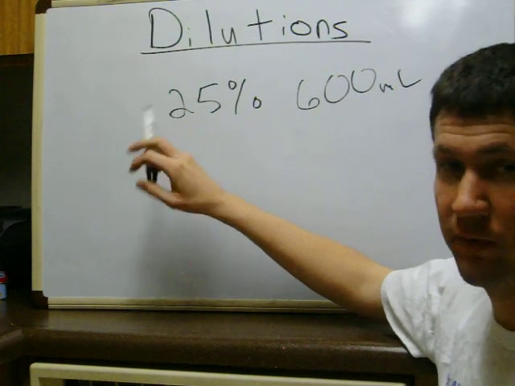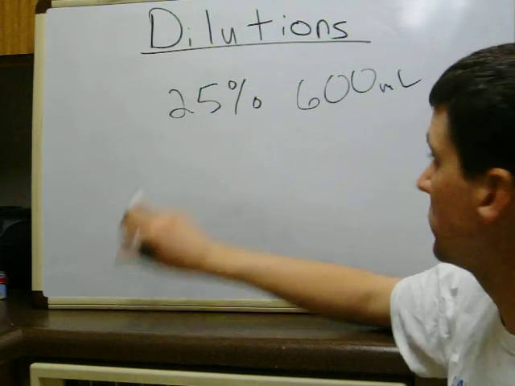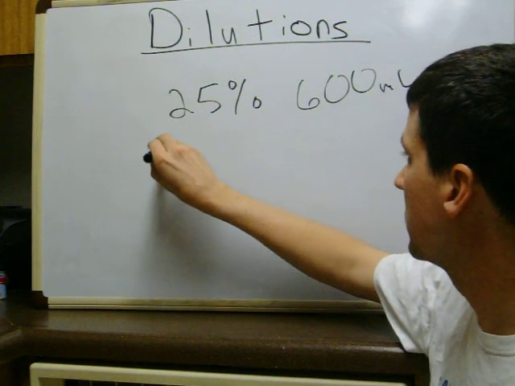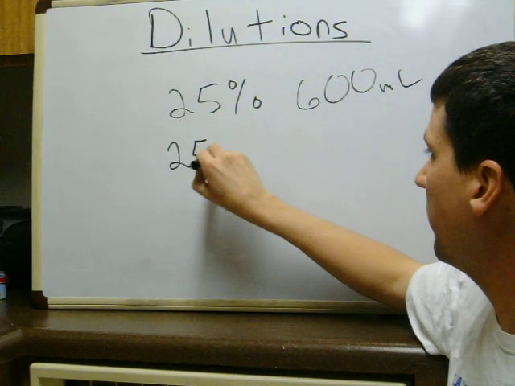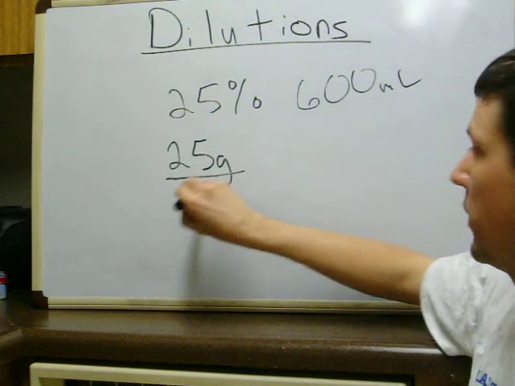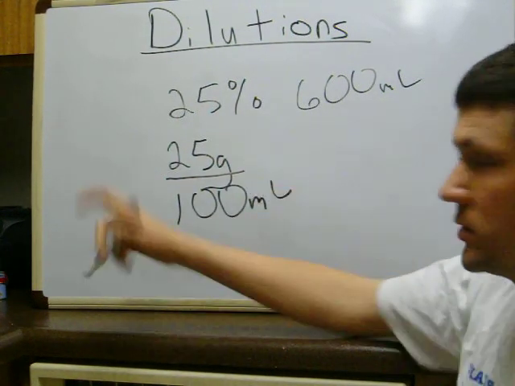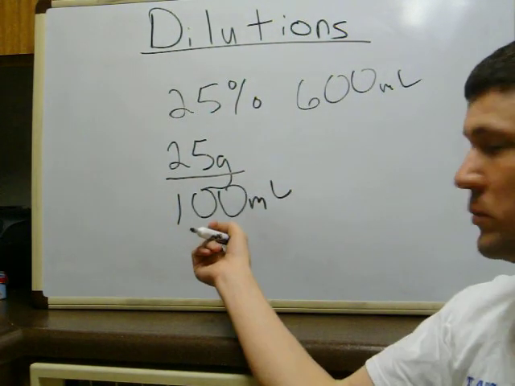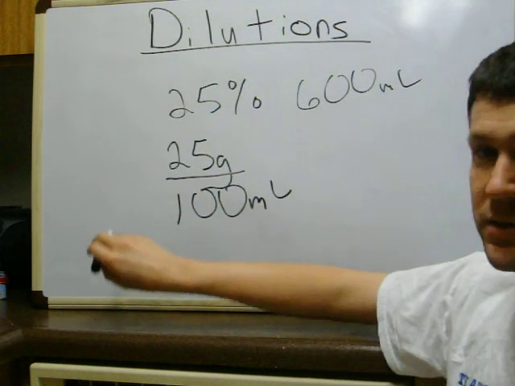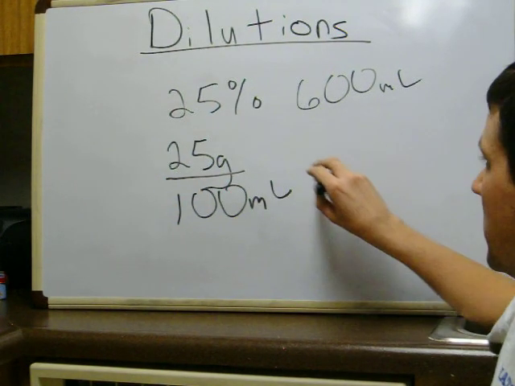So first of all, we need to find out how much stuff we have. So 25%, remember, that's 25 grams per 100 milliliters. So this 25 grams of 100 milliliters, that's the same as 25%. And we have 600 milliliters of it.